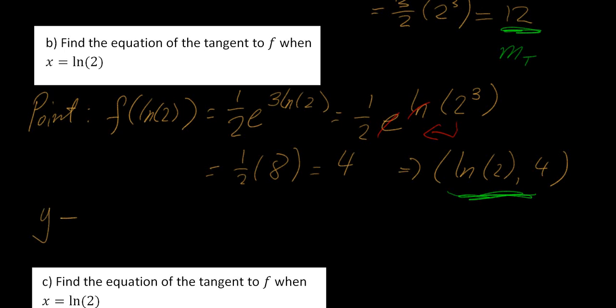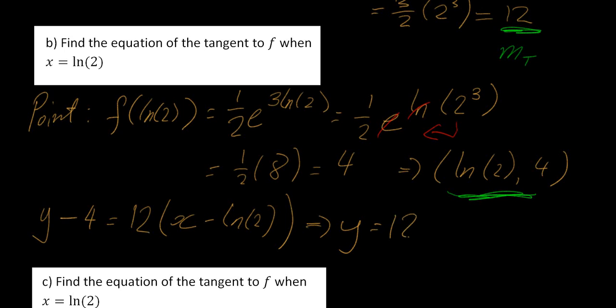So y minus 4 is equal to the gradient multiplied by x minus x1, we're going to use ln2 here. And putting this into y equals mx plus c format will give us 12x.